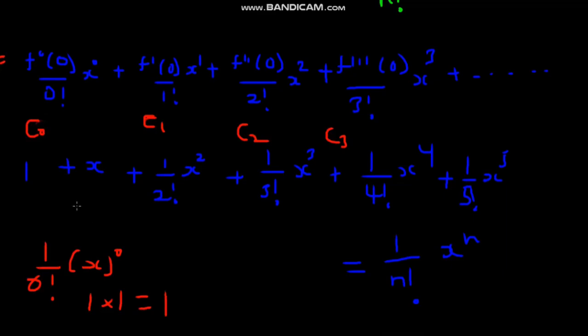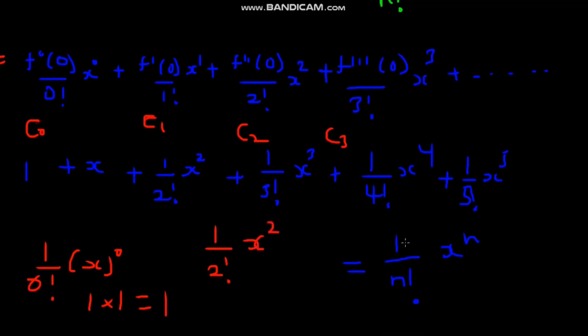So at the same time I have this one that I have here. If I apply it to the second term, I have 1 over 1 factorial times x to the power 1. So this will actually give me x, right? Let's do it for the third term also. I have 1 over 2 factorial multiplying x to the power 2.